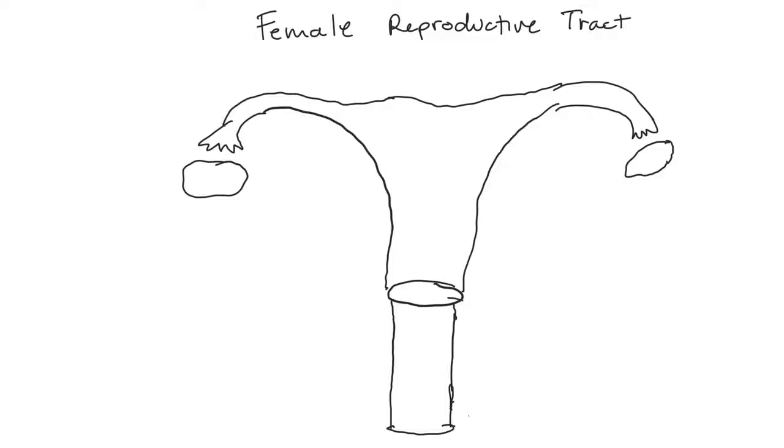Good questions. But a human has a simplex uterus, which is just one big area where the baby can develop, so there are no separations.